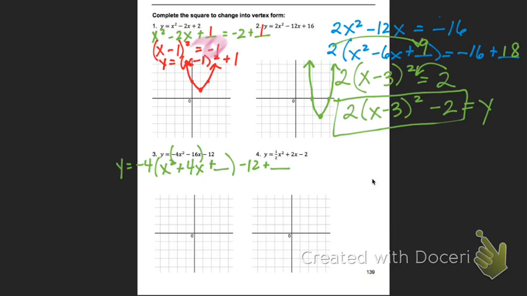So half of 4 is 2. So x plus 2, I square it, it becomes 4. But this blank is not 4. It would be 16, and it would be negative 16. Good.